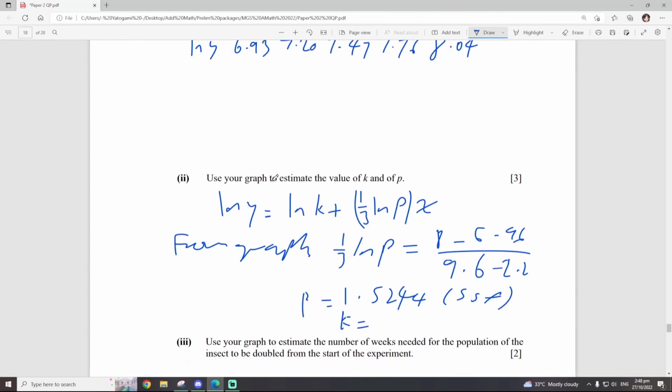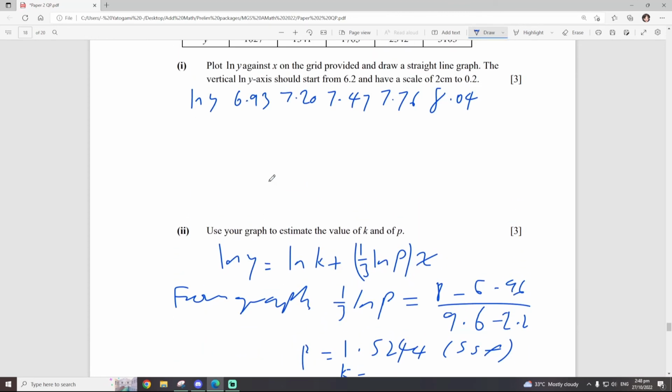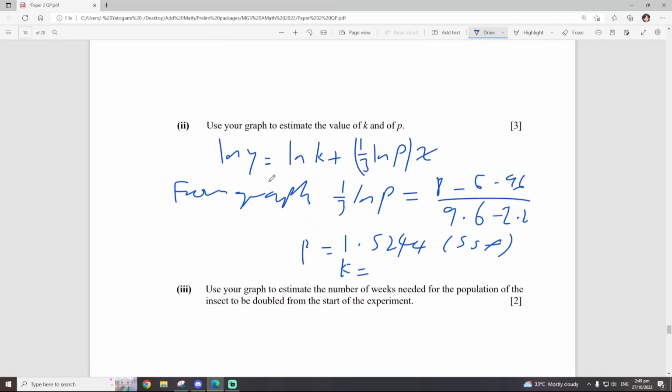So I'll get, okay, one will find that their k is 772 to 3SF.